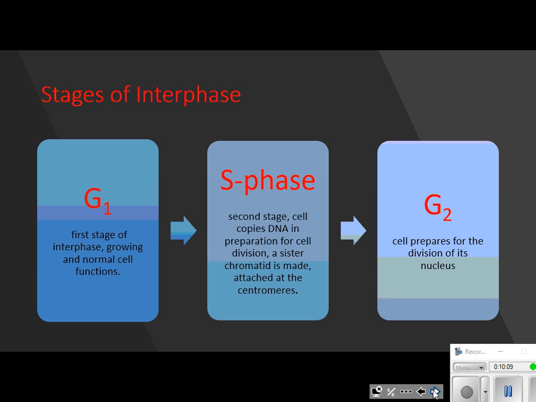Stages of interphase. Okay? We have 3 different stages of interphase here. They call G1, gap 1 is what that stands for. You might want to write that in. Gap 1, G1, is the first stage of interphase. It's where growth and normal cell functions are occurring.